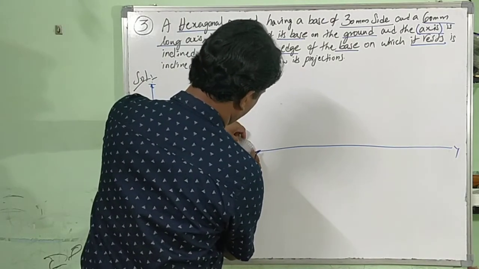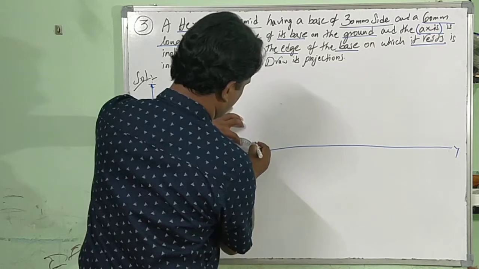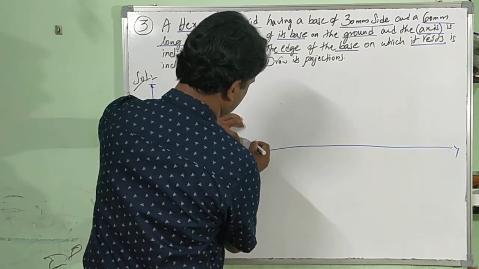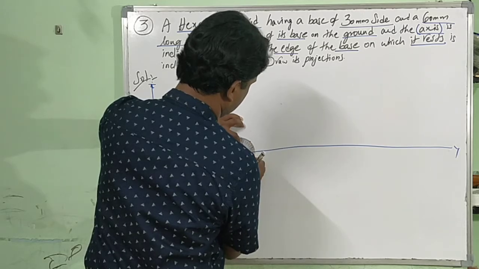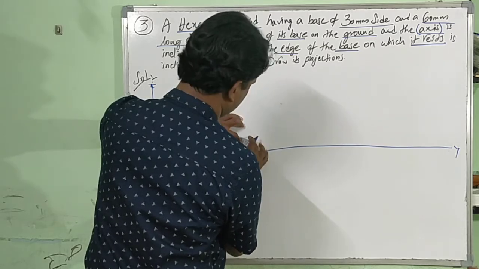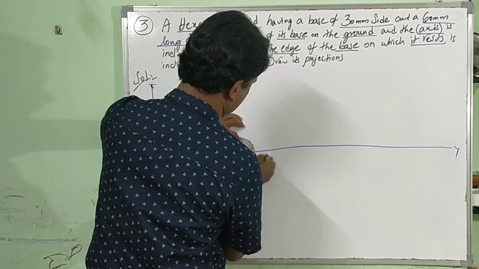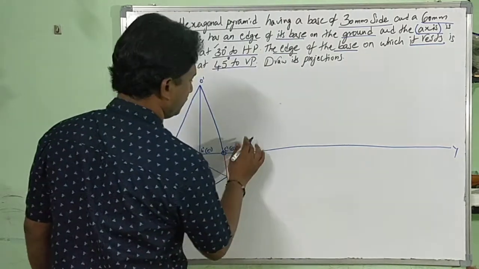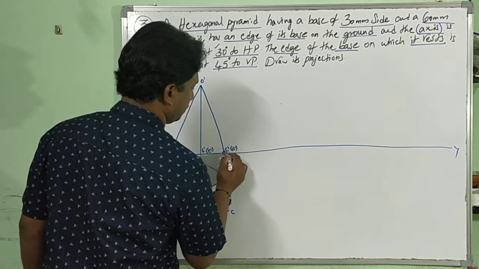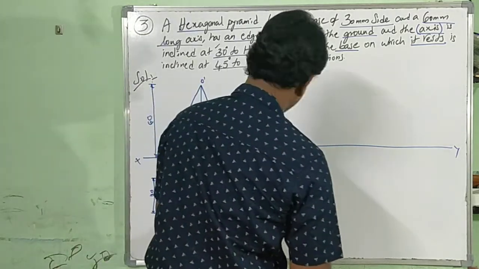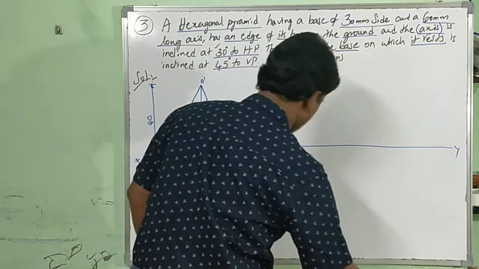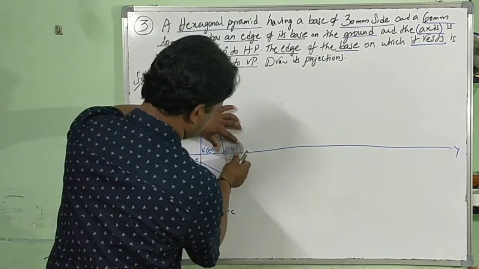you can draw a 30 degrees line. See, still I can go backside because I have to get points.